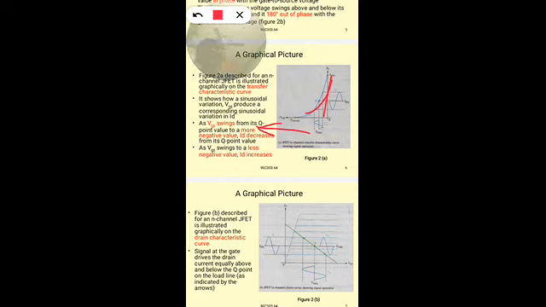As VGS swings less negative, ID increases.